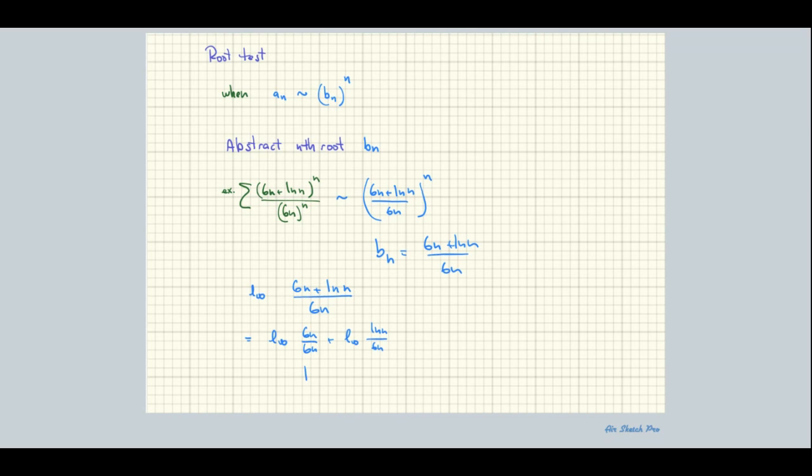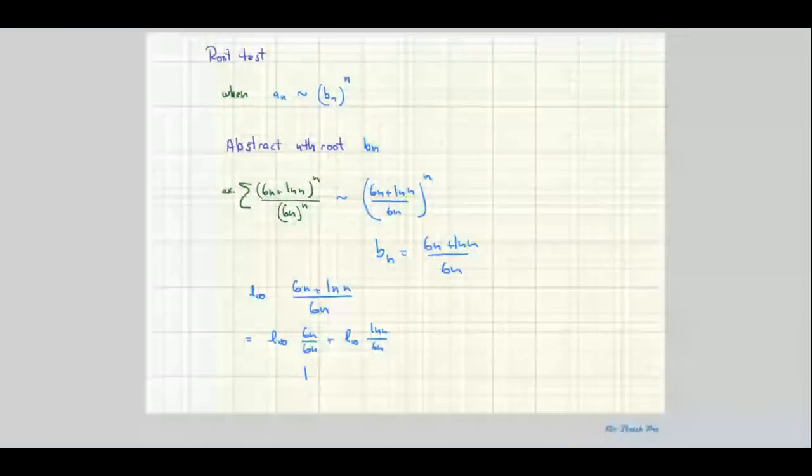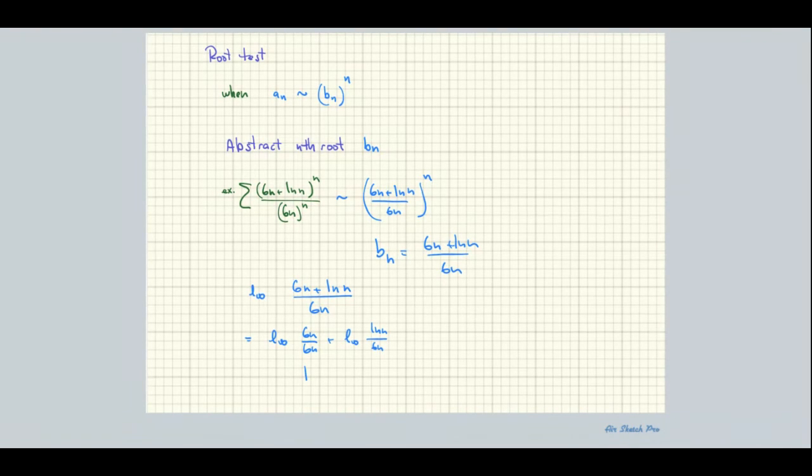On the other one, log n over n, y'all know that logs are slower than polynomials, right? And so this is eventually going to go to 0. And so the limit of my inside term is 1.